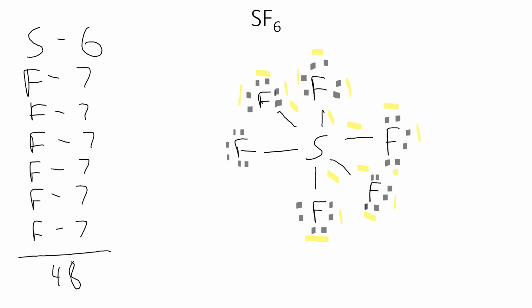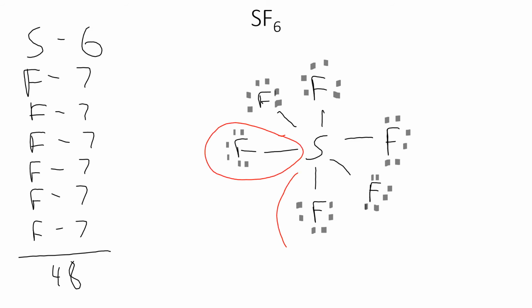And now we're looking at figuring out our octets once we get rid of the old highlighter marks. We'll start with the outer atoms. Looking at each of the fluorines, are there 8 electrons around each one of these fluorines?